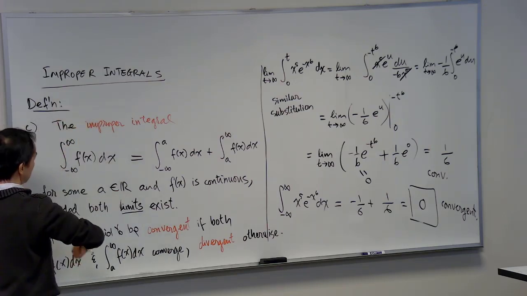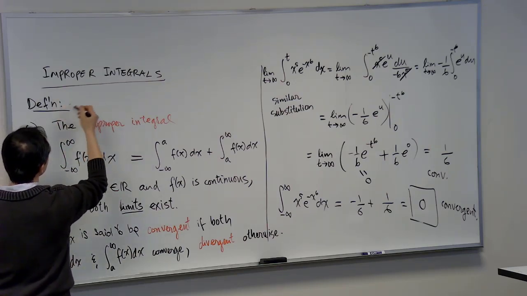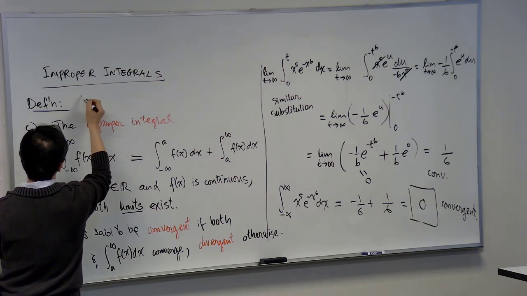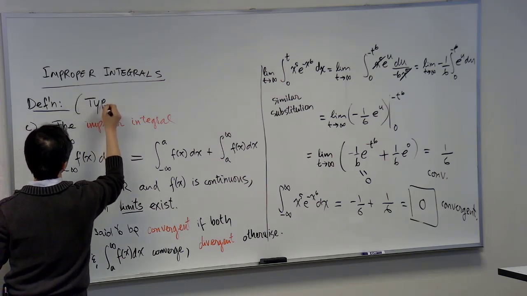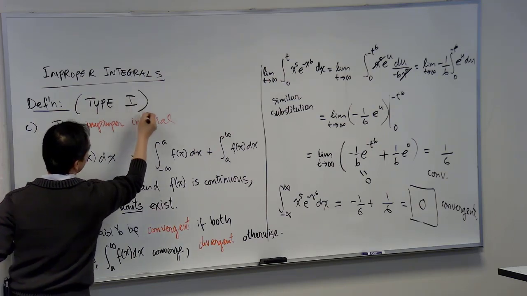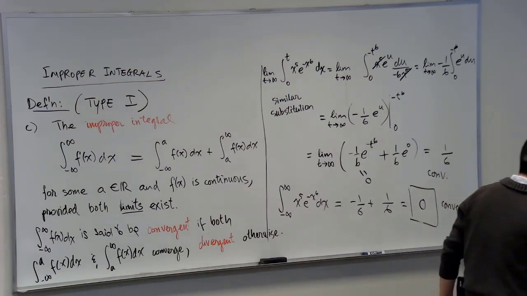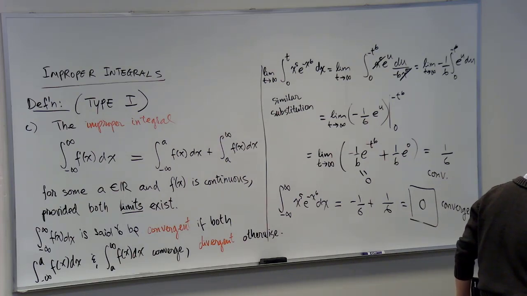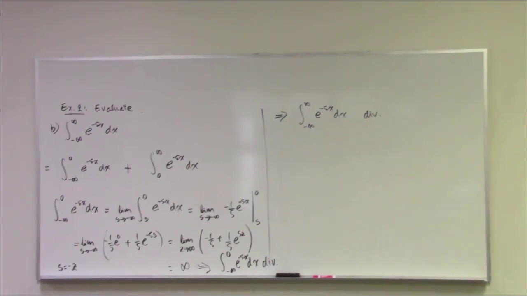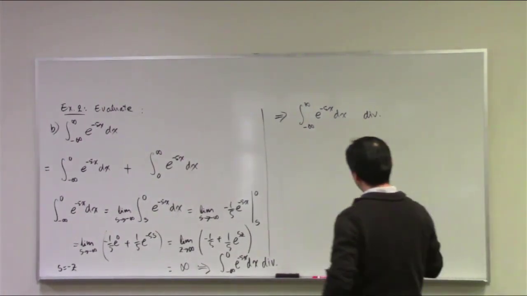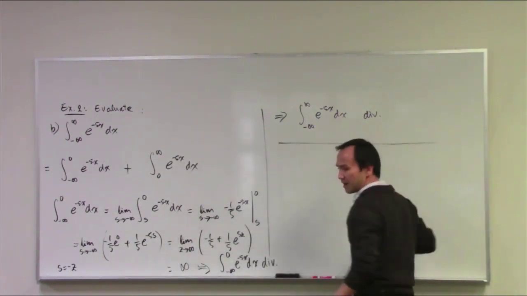Let's call this a type 1. Throughout A, B, and C so far, it's a definition for the type 1 improper integral, precisely speaking.